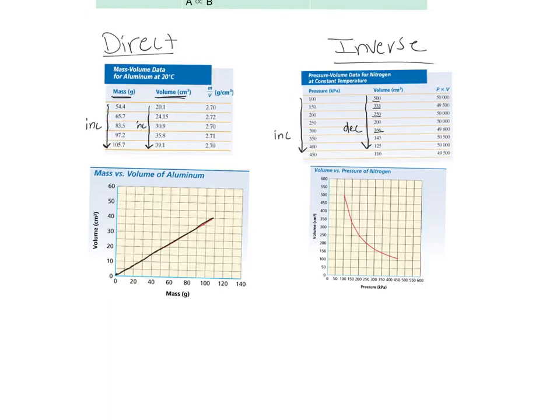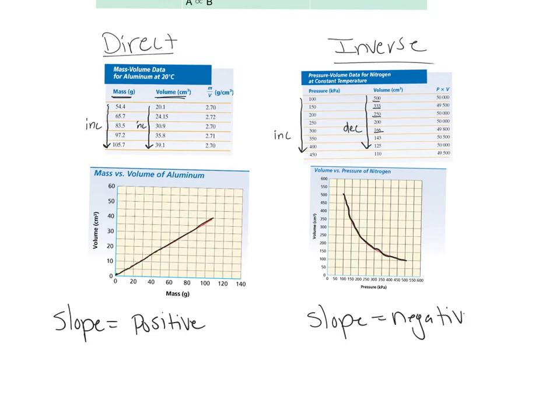Now let's look at the inverse relationship. If I were to graph these numbers, the graph comes like this, a curve going down. This is an inverse relationship. So we say the slope for the direct relationship is positive, and the slope for the inverse relationship is negative.